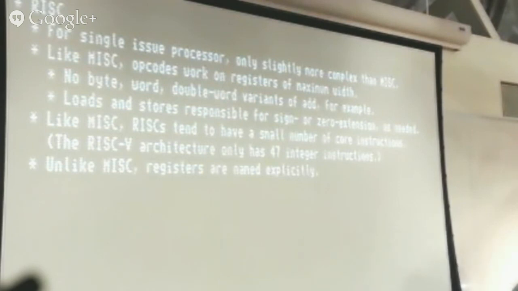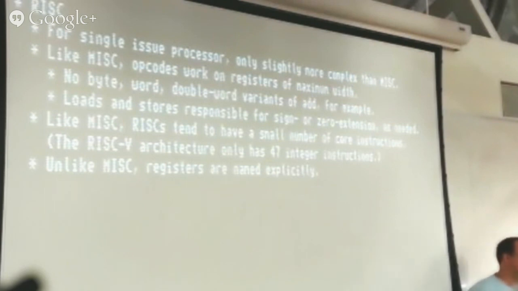Well, it just so happens that some RISCs can do quite a bit of work with very small numbers of opcodes, just like a MISC can. And in one particular case, the RISC-V architecture has as its core instruction set, there are additional instruction packages that you can include as well, but the core, the absolute minimum that you need to make this thing run, is only 47 integer instructions.